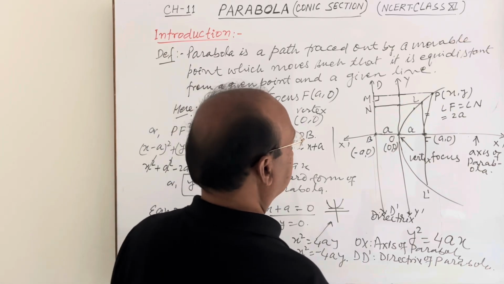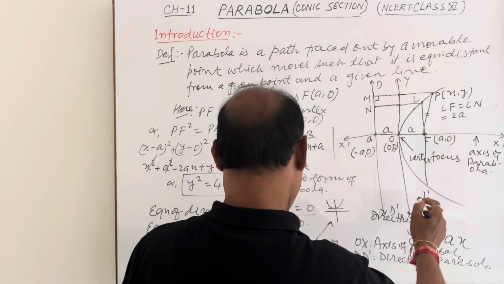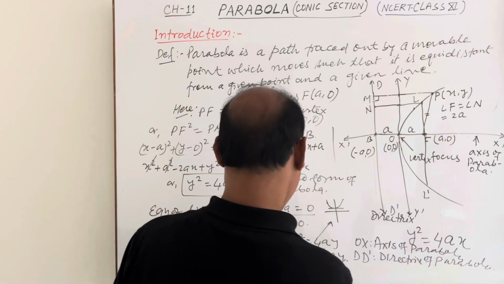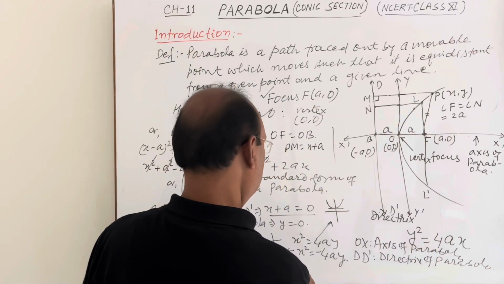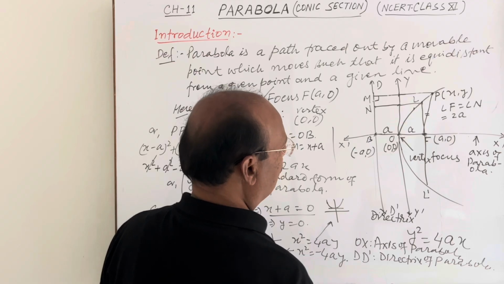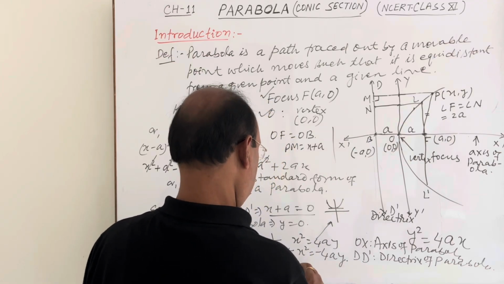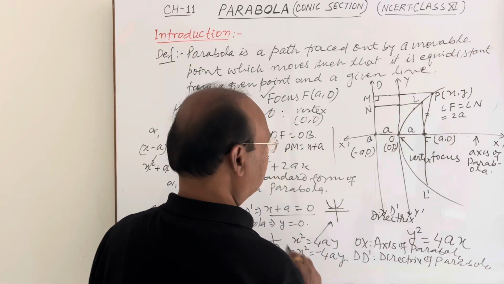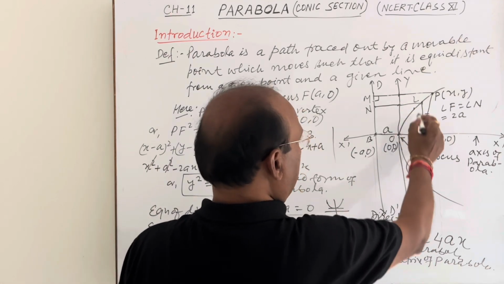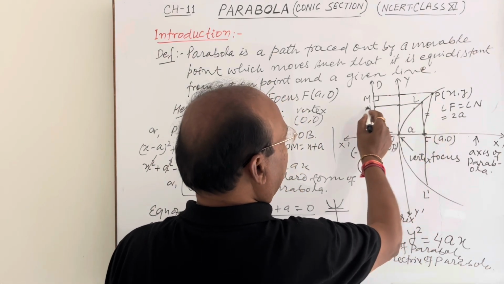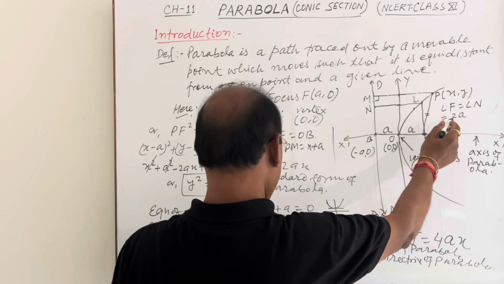So LL dash is equal to 2 times LF, and LF is equal to LN, which is 2a.